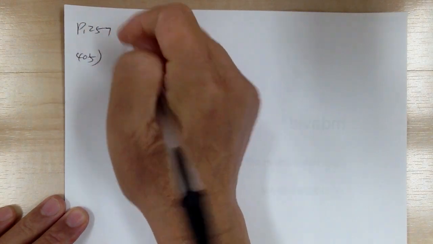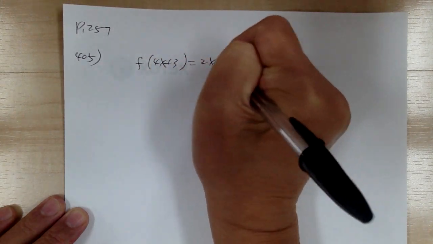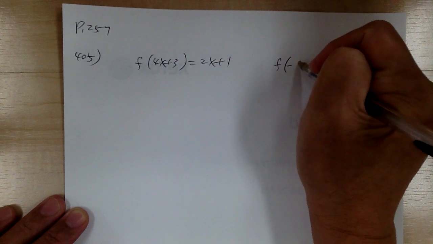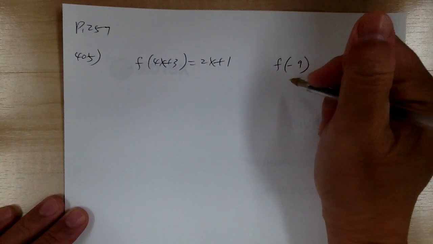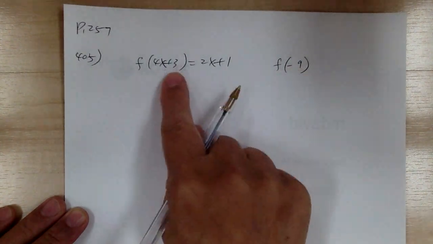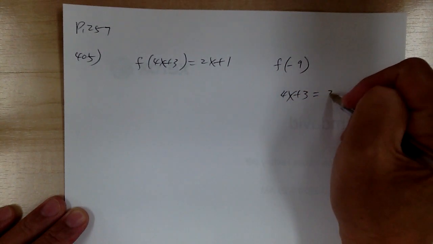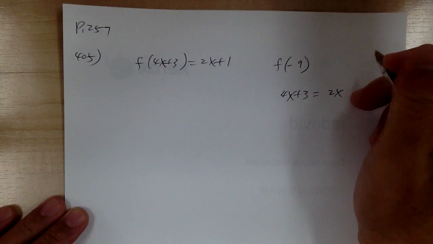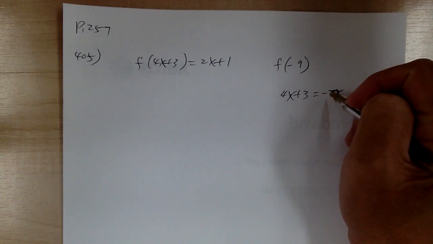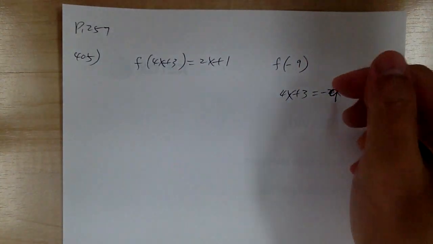So you have f of 4x plus 3 equal to 2x plus 1. You want to find f of negative 9. So to find f of negative 9, what you do is set 4x plus 3 equal to negative 9. So again, you want to see the relationship between the two.